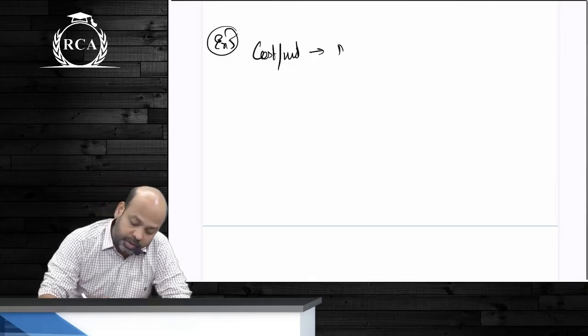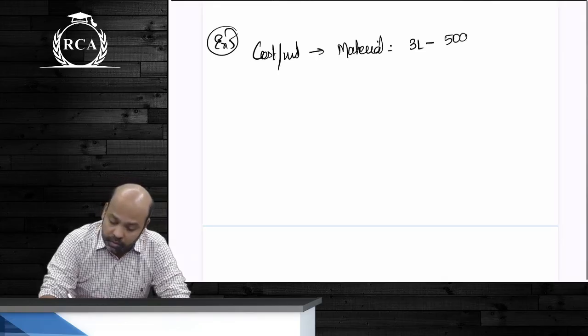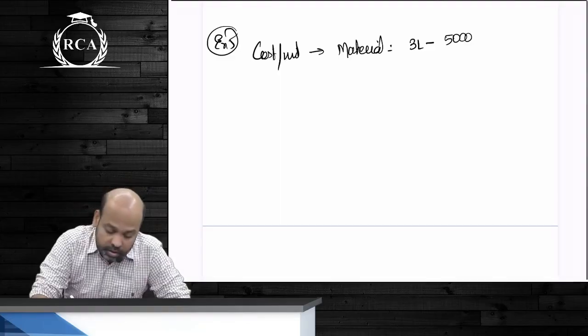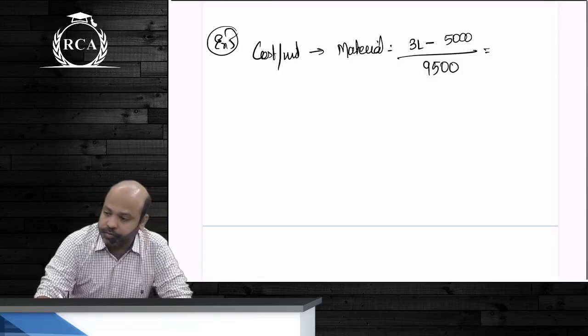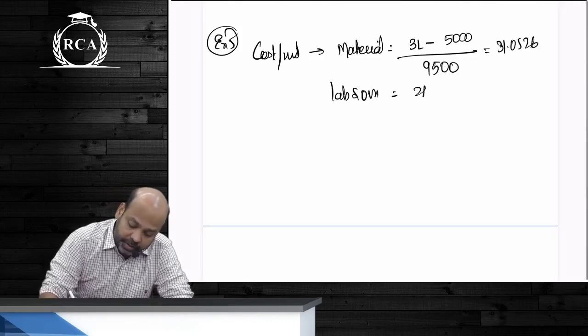Now how will I write cost per unit for material? 3 lakhs minus 5,000. Did I say 10 rupees per unit? Divided by how much is that? Labor and overheads will be the same: 2 lakhs divided by 9,300.